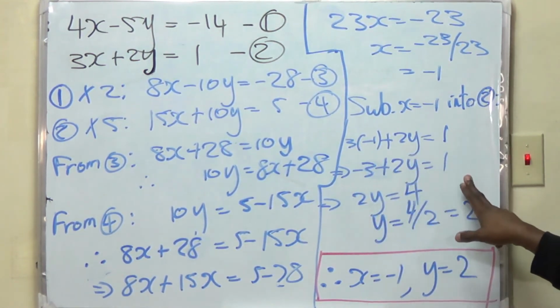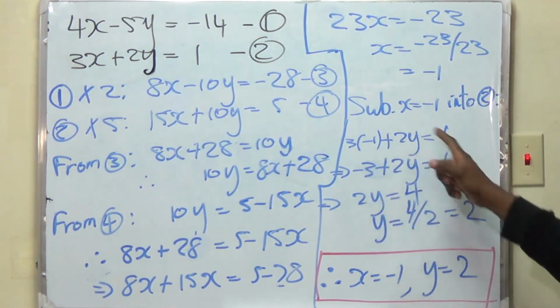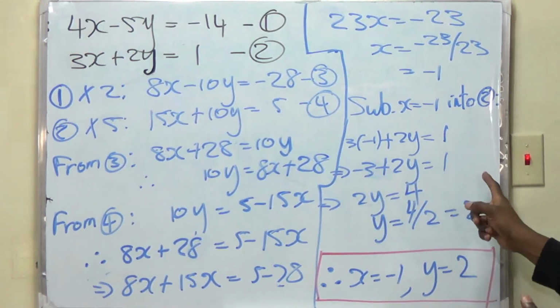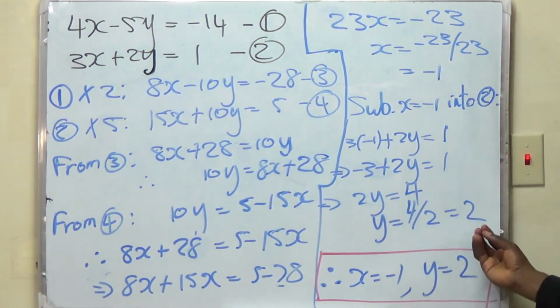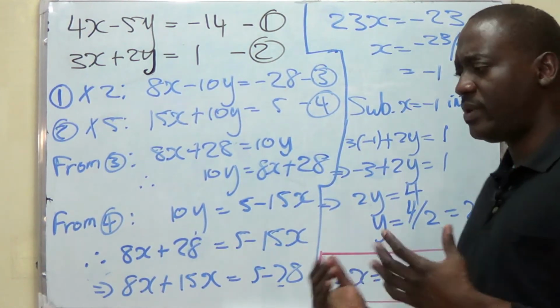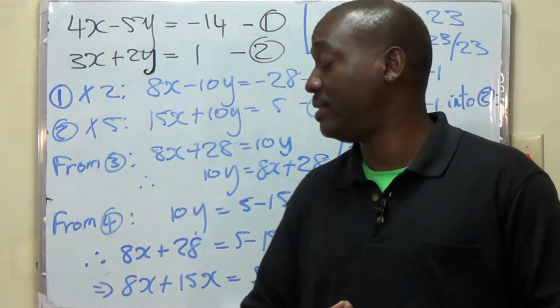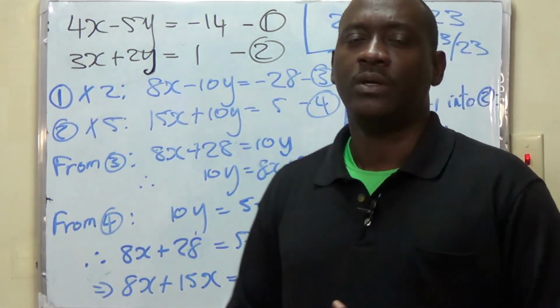Minus 3 plus 2y is equal to 1. You take the minus 3 and bring it across here. You get plus 3. 1 plus 3 is equal to 4. 2y is equal to 4. y is equal to 4 divided by 2. Then y is equal to 2. So x is equal to minus 1, sorry, and y is equal to 2.